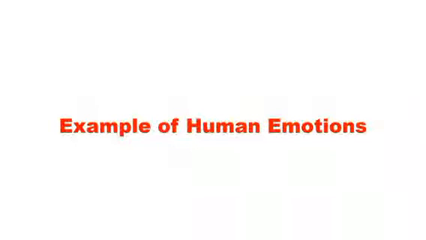Human emotions are related to human-computer interaction. For this, we can take a real-time example. When you are using a 5G internet connection, but due to poor network service by the telecom operator or provider, you are not able to use the services at fast speed, and if it takes more time to open a single website, then you will get frustrated and angry, and anger is a type of emotion.